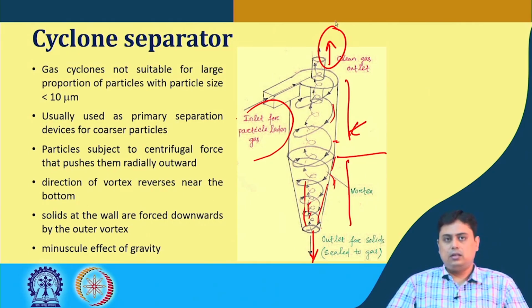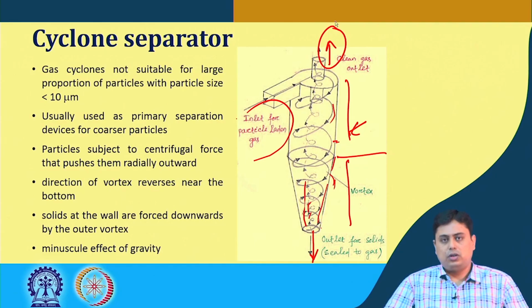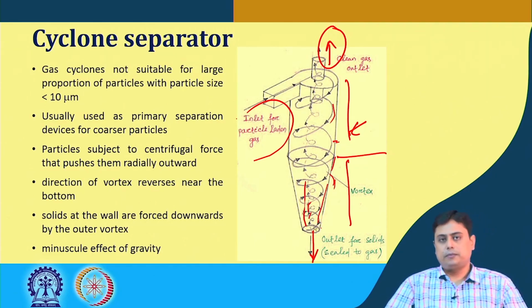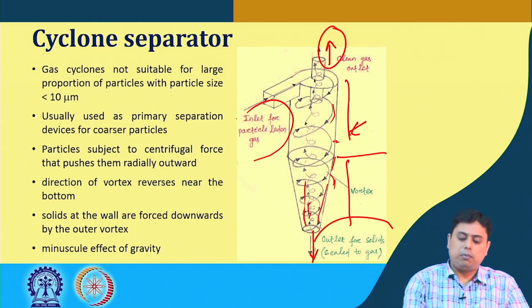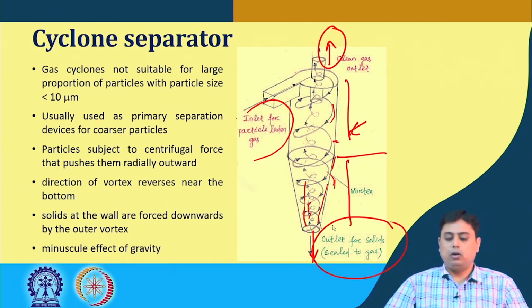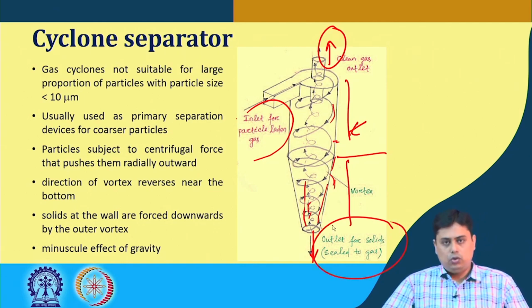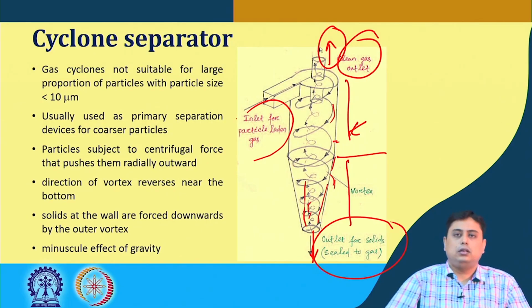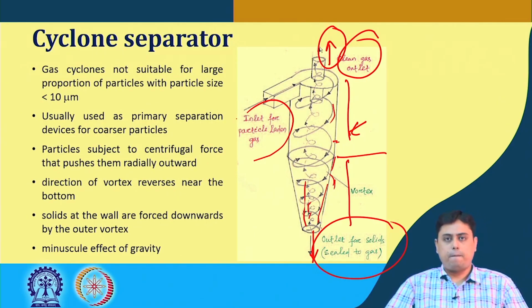The solids are pushed towards the wall and also forced downward by the downward movement of the free vortex. Then the coarser particles are collected at the bottom, and cleaner gas with very fine particles is collected from the top.